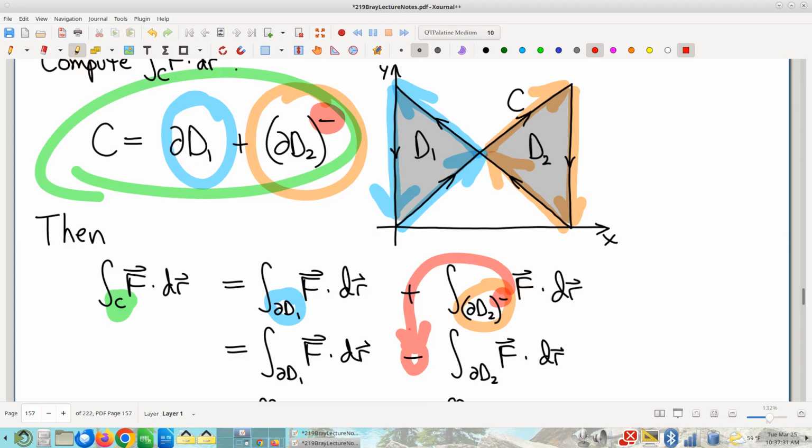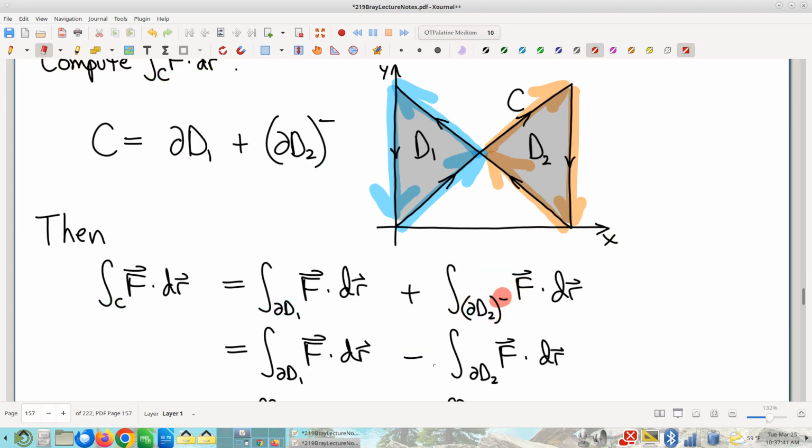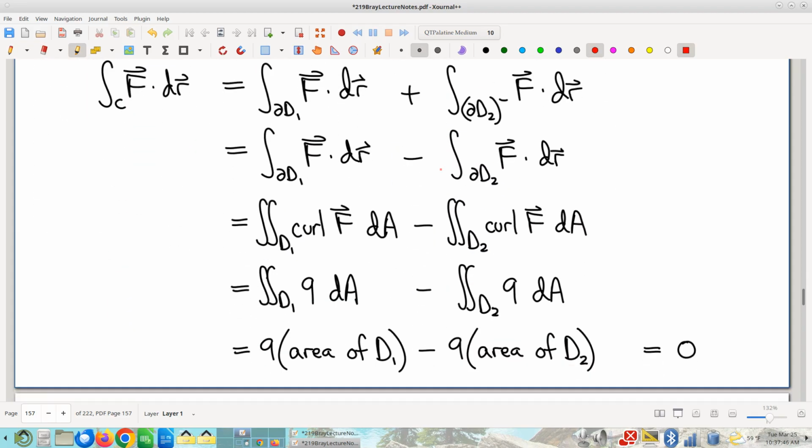Again, that's what orientations do. If you switch the orientation, you get a minus sign. So cool, you recognize that there. And then notice, now what we have is just a couple of different boundary circulations. And yes, one of them is oriented the wrong way, right? This one is oriented the wrong way, and I've already accounted for that with that minus sign.